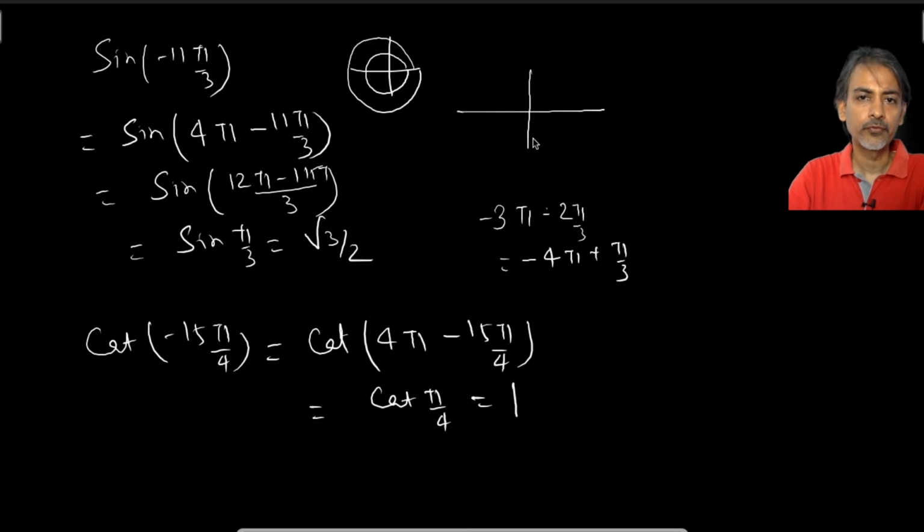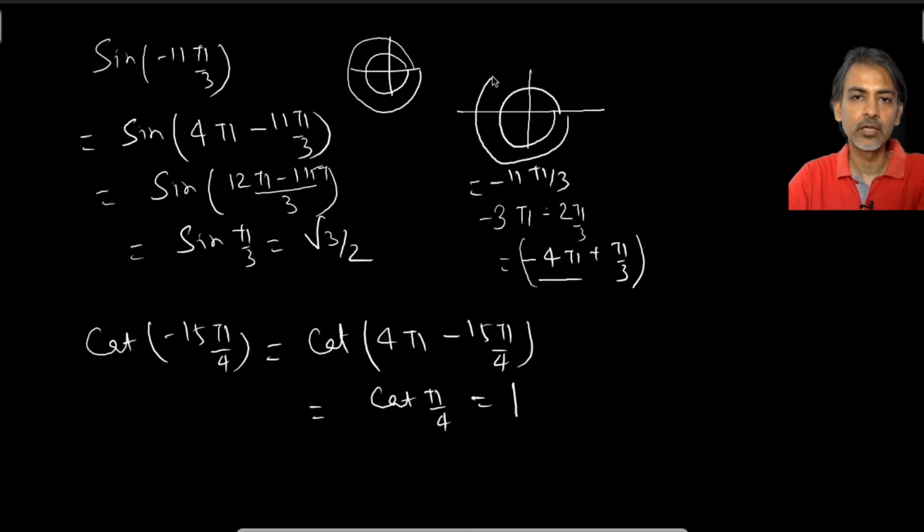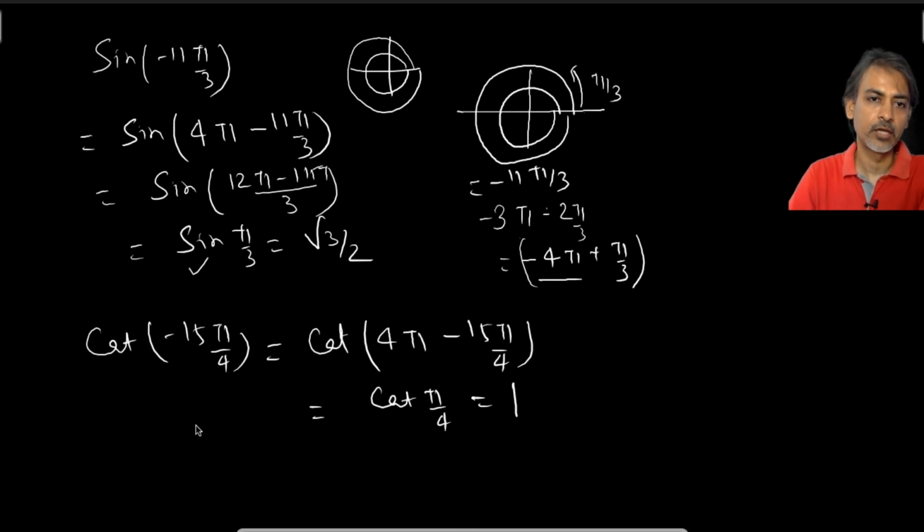So I have not added anything, but I have just said that it would be minus 4 pi plus pi by 3, which means that one time I will come over here, second time also I will come over here, and then I have to move from this side to this side, which is nothing but again in this quadrant I am moving in the pi by 3 direction, which is essentially what I have done over here as well.